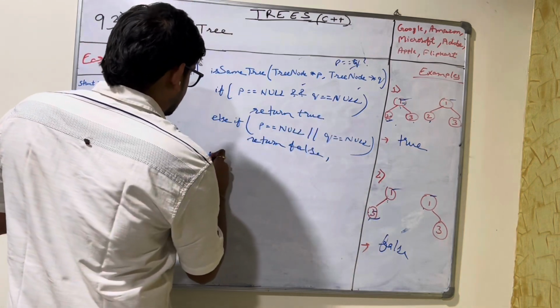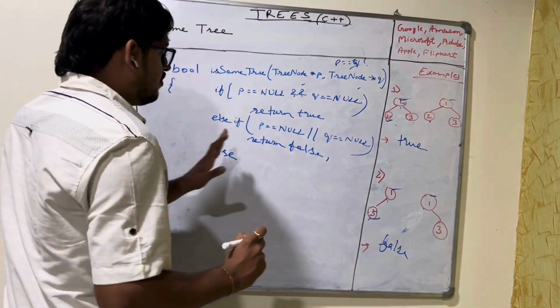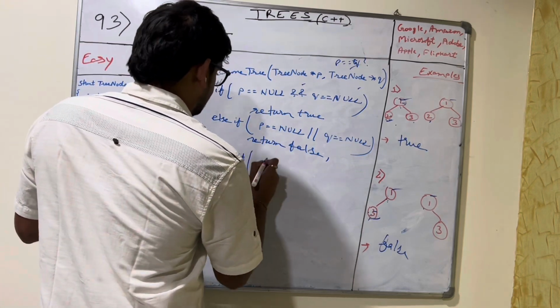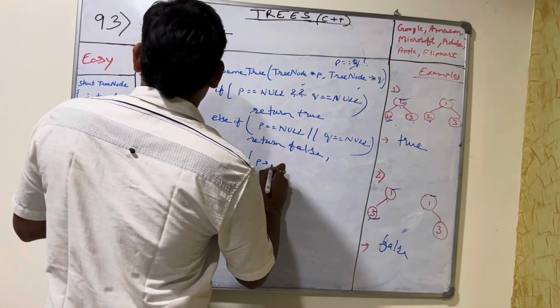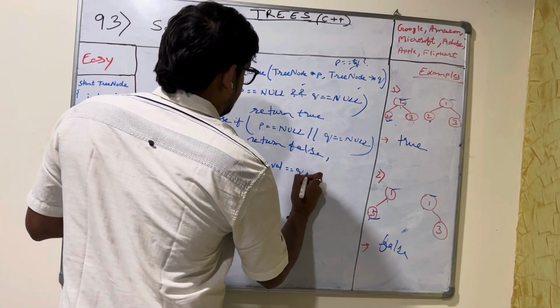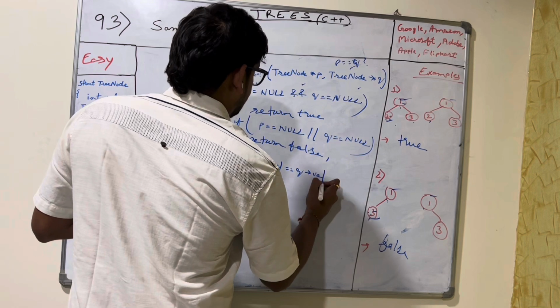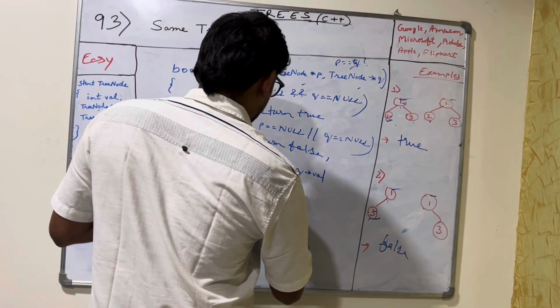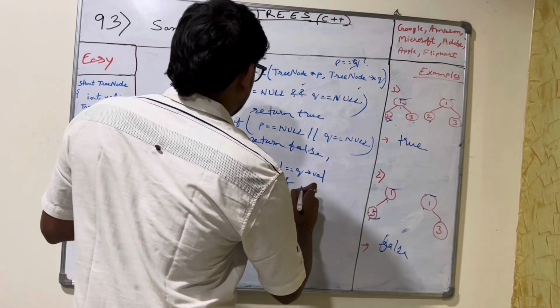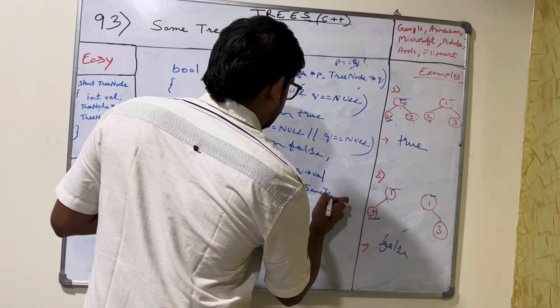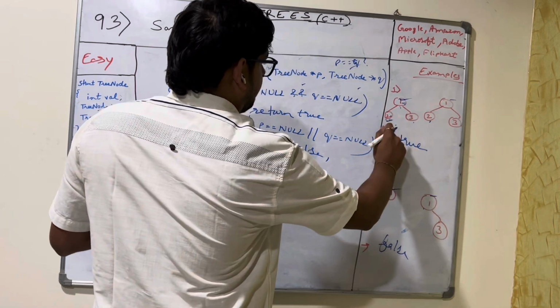If both the conditions are done, now what? Now we will see else if P val equal to Q val, okay, and if this is true, we call isSameTree for the left part of it.